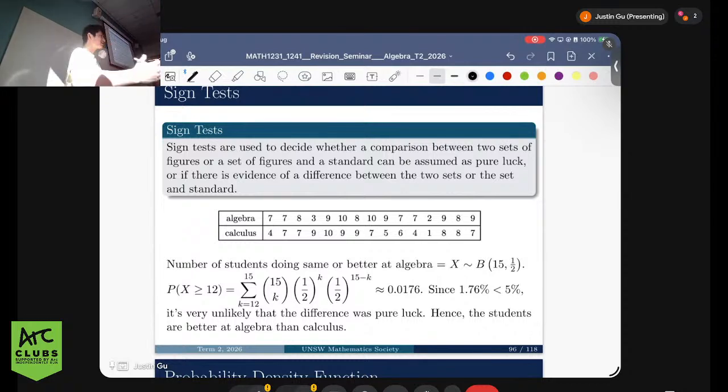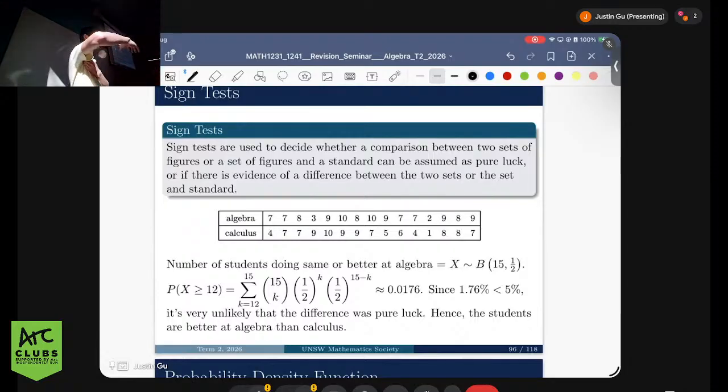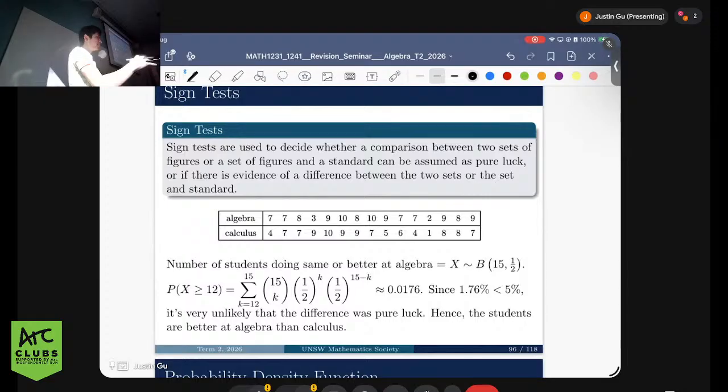Basically, we calculate the probability of that event happening, or a better event relative to it, and if the probability of that is less than 0.05, then we should conclude our assumption about that distribution was incorrect.